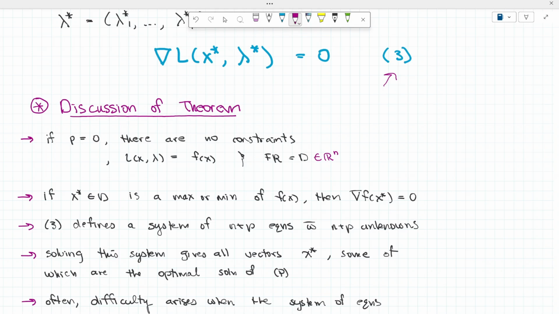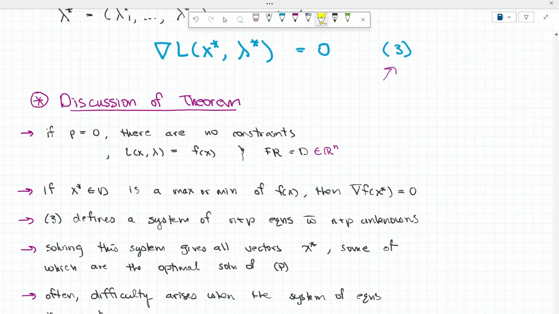If you have 2 unknowns, then you need at least 2 equations. If you have 3 unknowns, then you need at least 3 equations in order to solve your entire system. So here this provides us that very situation, where we have n plus p equations and n plus p unknowns. That means we're setting ourselves up to find solutions.